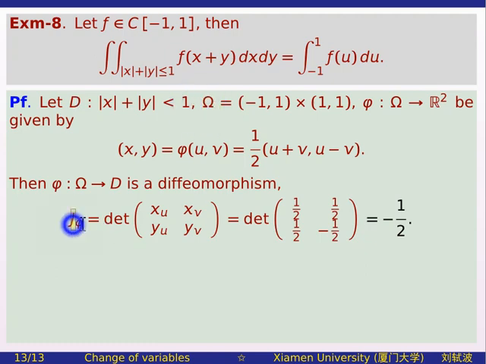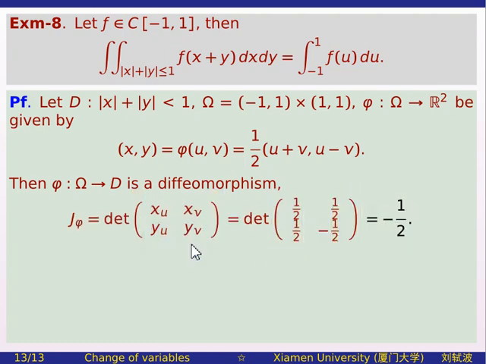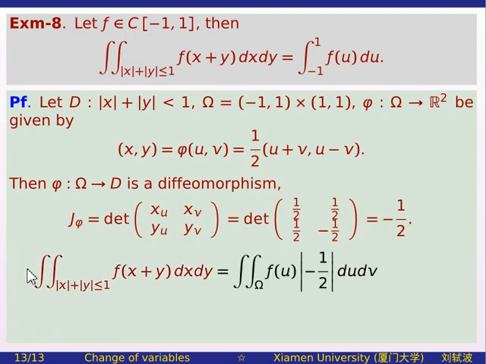Now, having convinced ourselves that phi is a diffeomorphism between Omega and D, and having computed the Jacobian determinant, we can apply the change of variable formula to the integral we want to evaluate. The integral over the domain D can be transformed into a new integral over the new domain Omega, with the new integrand obtained by replacing x and y in f(x plus y).